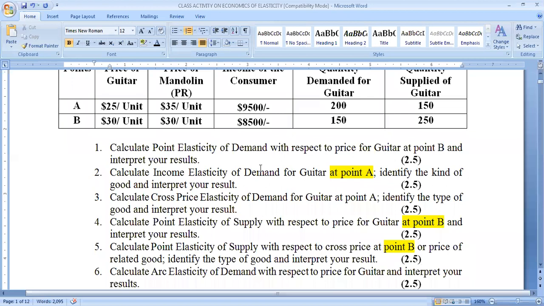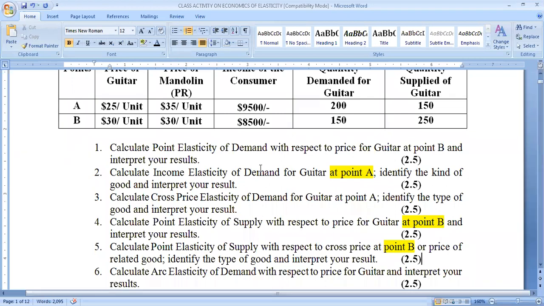First of all, we need to understand the difference between point elasticity and arc elasticity. When we are interested to find out elasticity at any one point of a given demand curve, then we always use the concept of point elasticity.